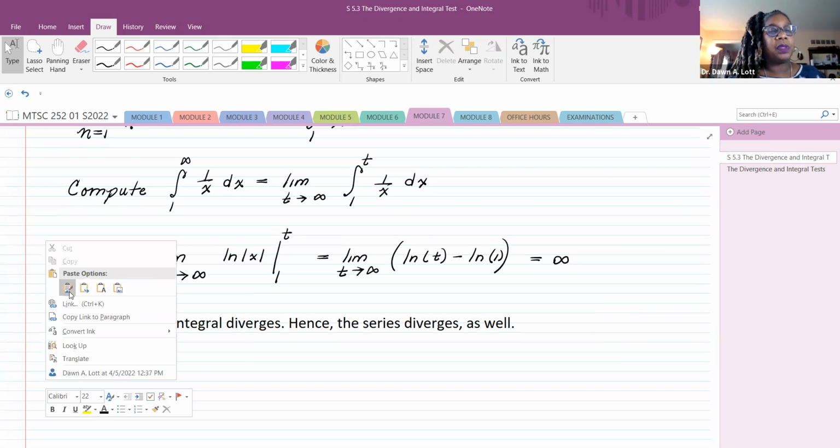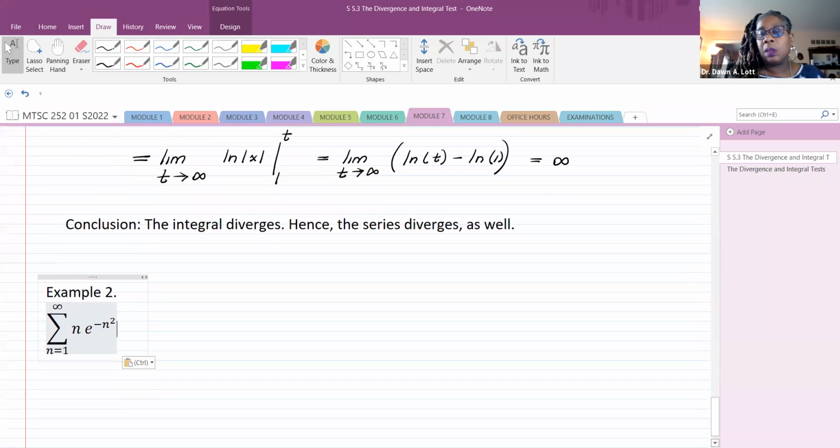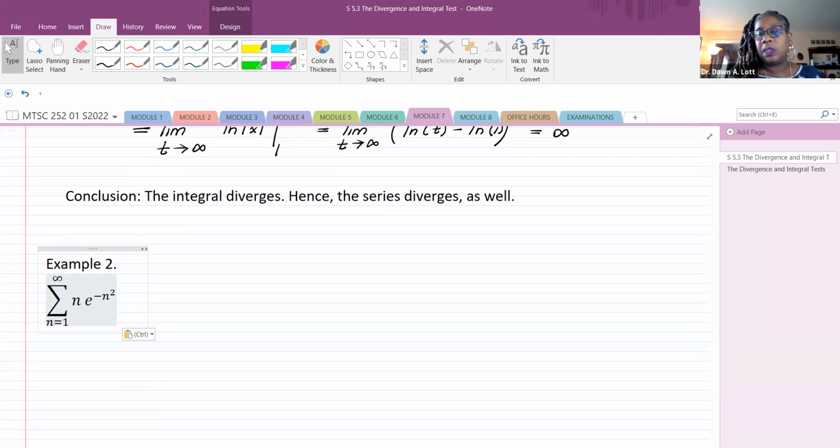Second example for this section. Okay, so this is a series. Summation n equals 1 to infinity of n times e to the negative n squared. All right, we haven't written out a series in a while, but I'll write it out.